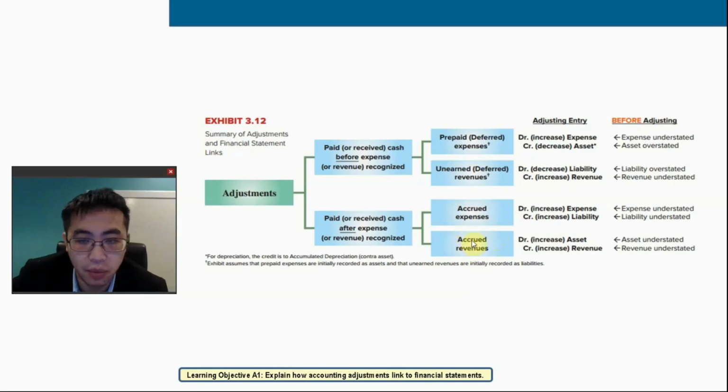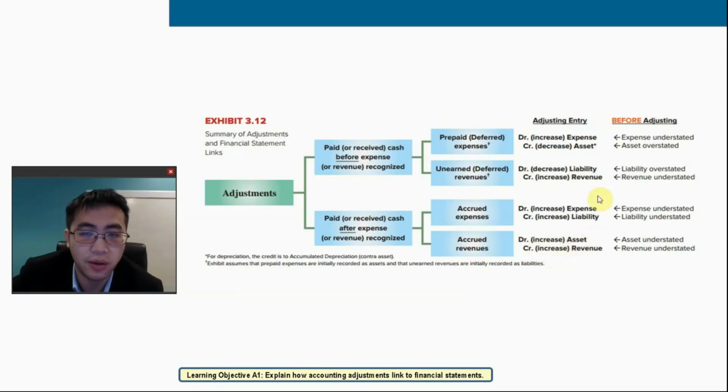You will basically wait for future payments, and when you have more and more revenue being recognized, then this would be an increase in assets. That is a debit, and when you have more revenue being recognized, then that is an increase. That's a credit.